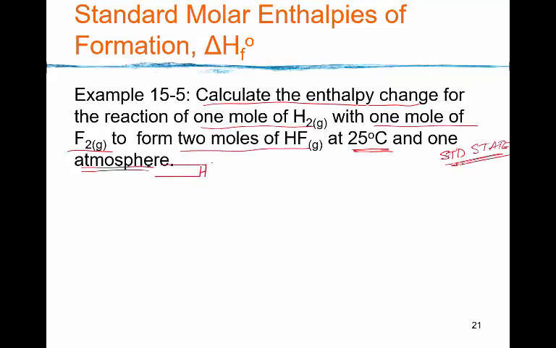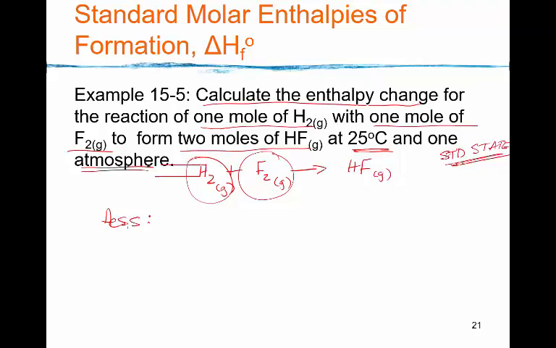So we've got H2 plus F2 is going to give us HF, and these are all gases. Now, H2 and F2 as a gas, that is their what? That's their standard state already. That's their elemental configuration.